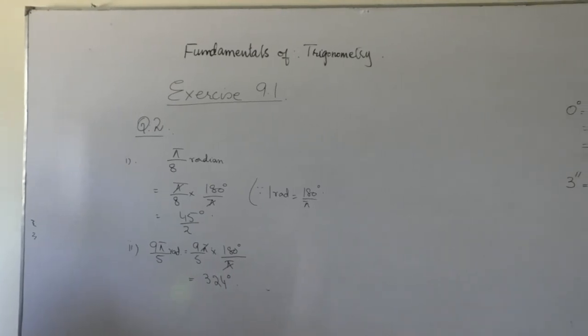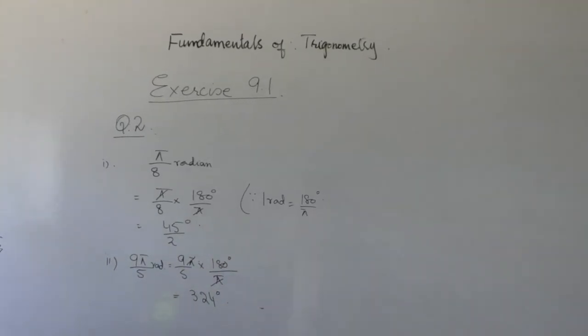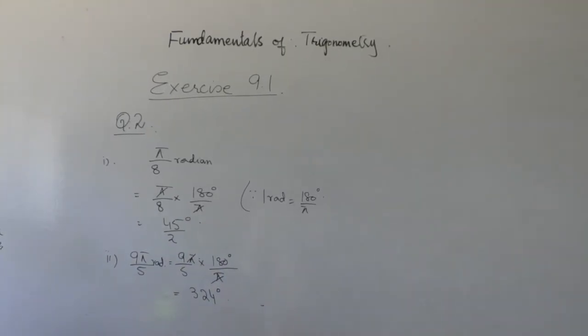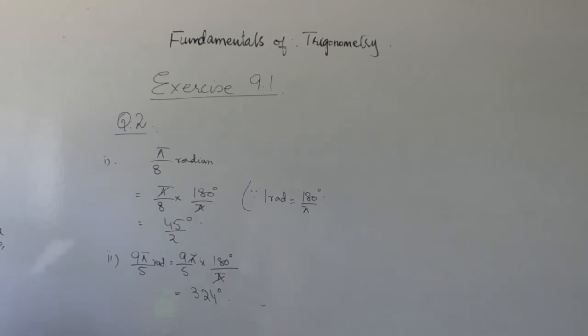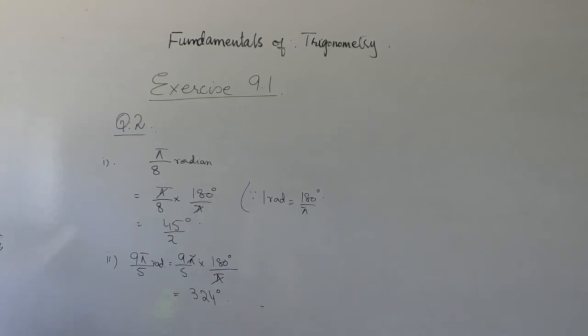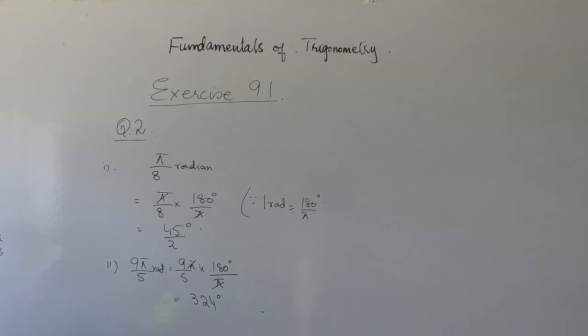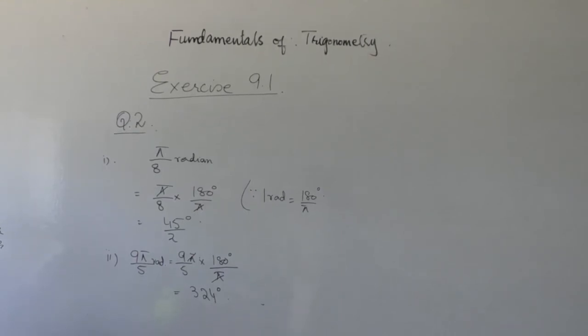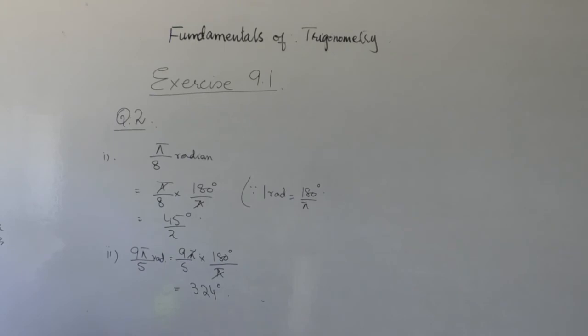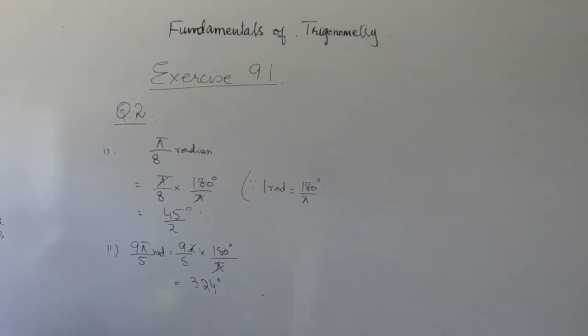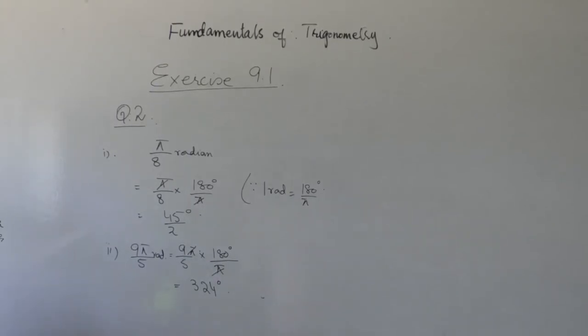Now, from question number 3 onward, we will use rule theta is equal to L over R. I explain one part of question number 6, second part, because first one is so easy. Question number 6, find R when L is equal to 56 centimeter and theta is equal to 45 degree.